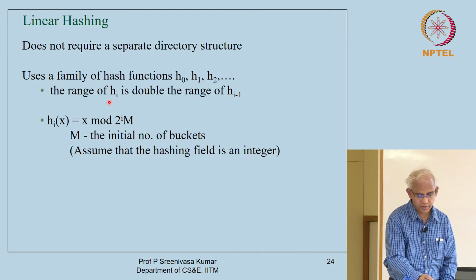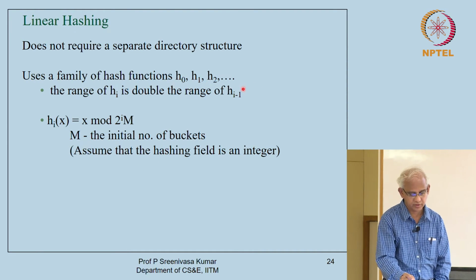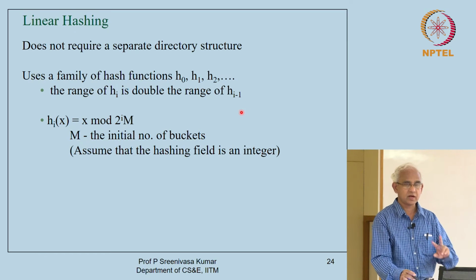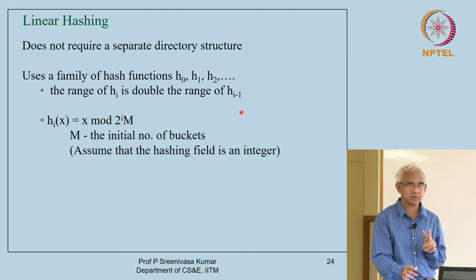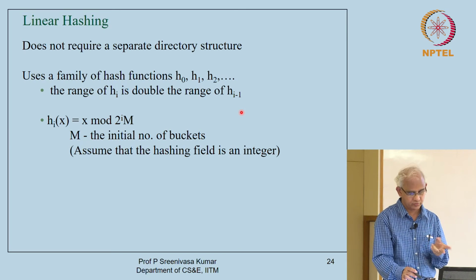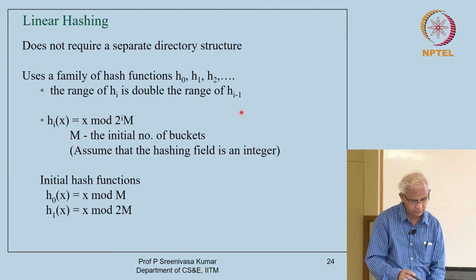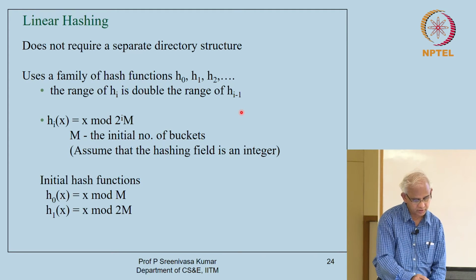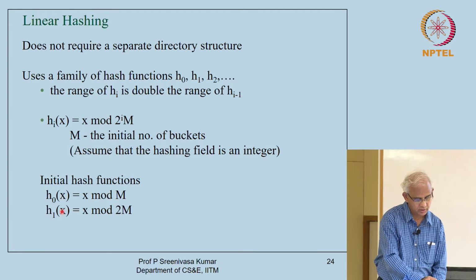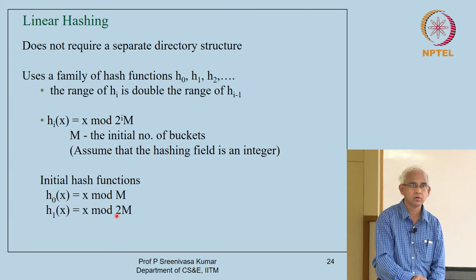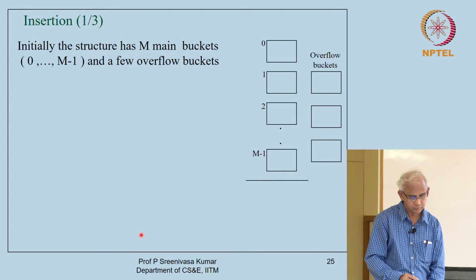Okay. So, we will assume the existence of such a family of hash functions, but at any point of time we will actually use a pair of hash functions. So, let us assume that the initial hash functions are H0 of x is x mod m, H1 of x is x mod 2m for some m, which is actually the number of initial buckets.